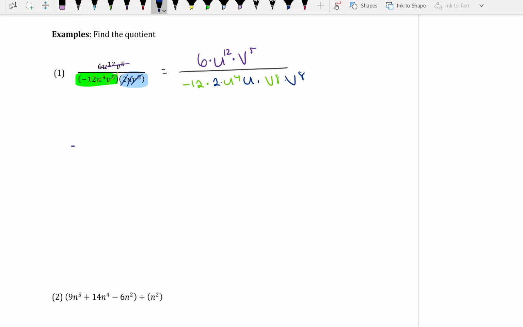Now I want to simplify this a bit more. I have 6u to the 12 v to the 5th in my numerator. In my denominator, I can multiply my negative 12 times 2, which is going to give me a negative 24.